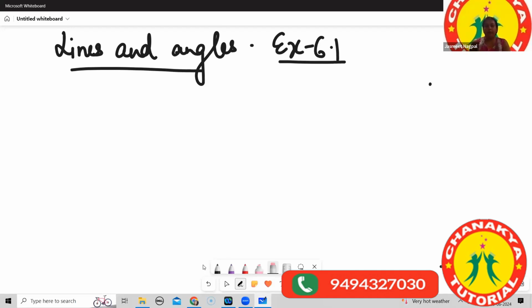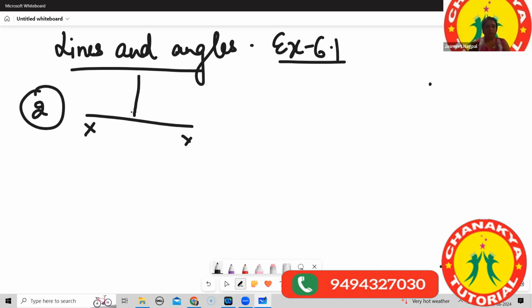Firstly, you have to make the figure. A and B values are given in the ratio. This is a perpendicular, so you will take this as 90 degree.